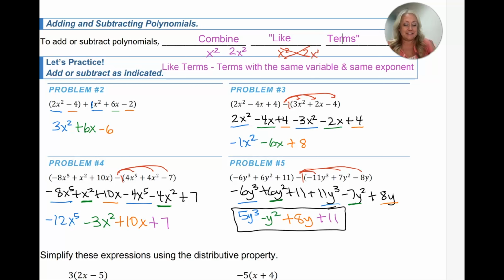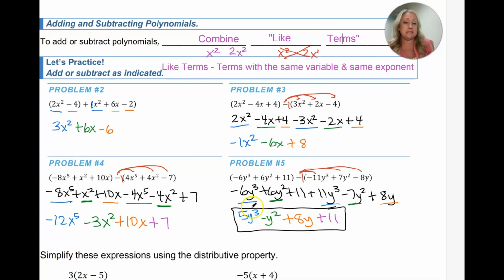All right, see how you did on this one. So I distributed that negative 1 through, and then combined my like terms, and I got 5y to the third minus y squared. I could write it as minus 1y squared, but I don't need that one, plus 8y plus 11. Now, I like to put my answers in descending order.